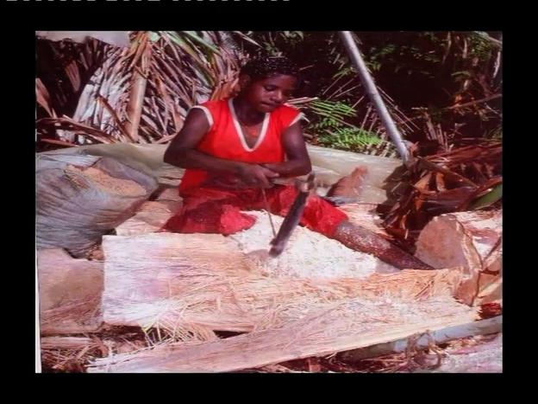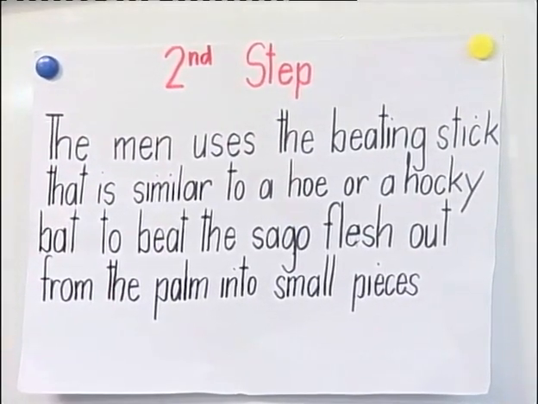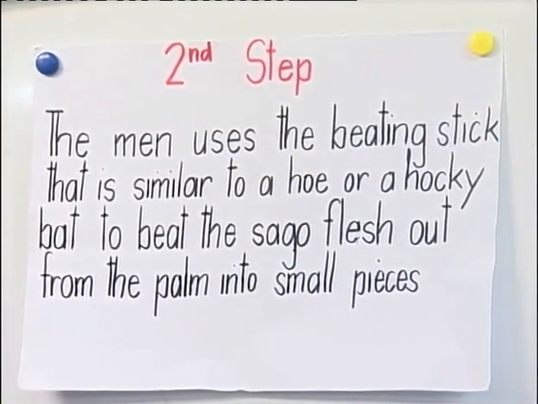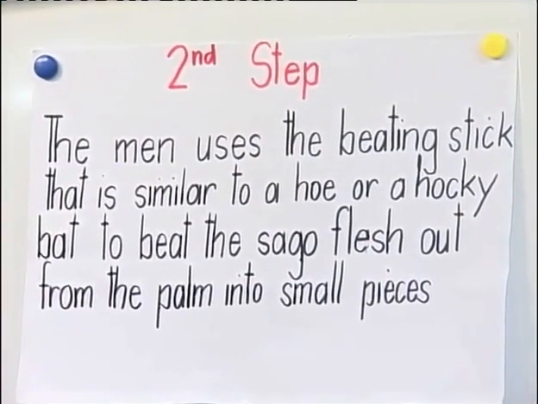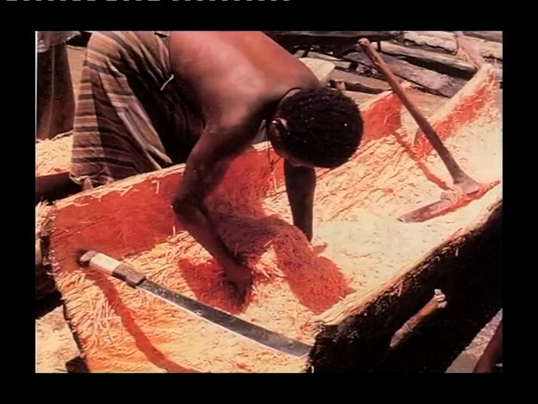Okay, to the second step. The man uses the beating stick, similar to a hoe or a baking bat, to beat the sago flesh out from the palm into small pieces. It is only done by the men.